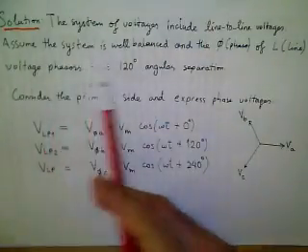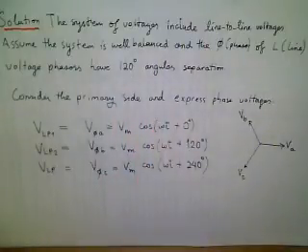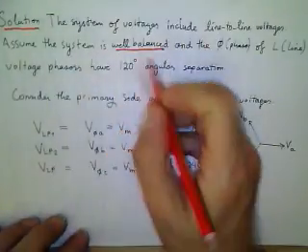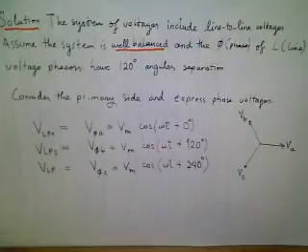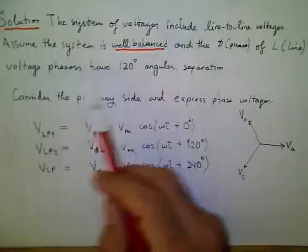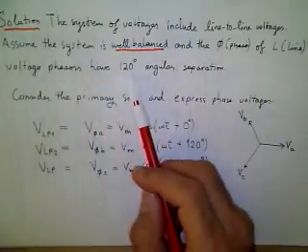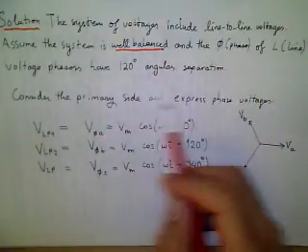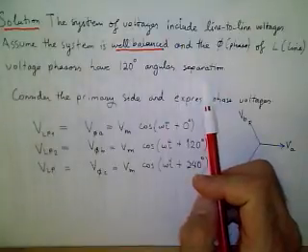The system is assumed to be well balanced. Well balanced means all the line currents and phase voltages are equal in magnitude, but they do have phase separation, and the phase and line voltage phasors have identical 120 degrees angular separation in their functions.